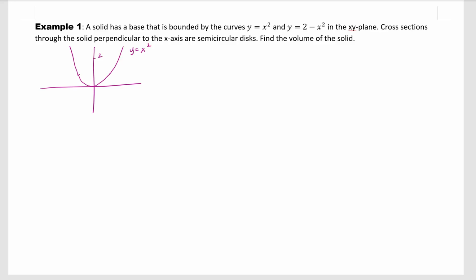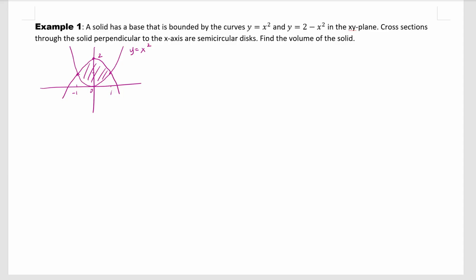Well, 2 minus x squared also passes through (-1, 1) and (1, 1), and this (0, 2). So it looks like a parabola, but open down, right? And so the base is bounded by those two curves. So this guy is our base.